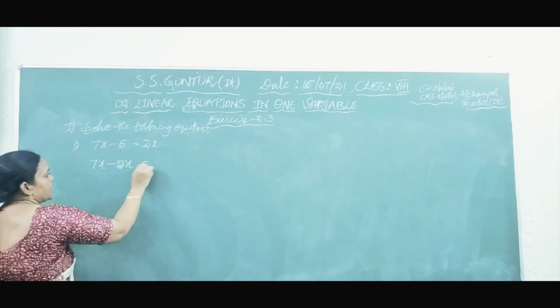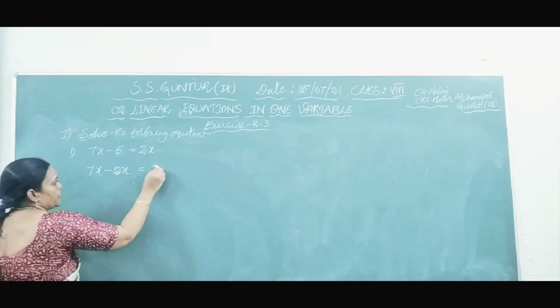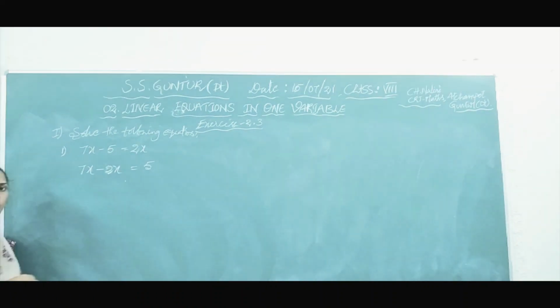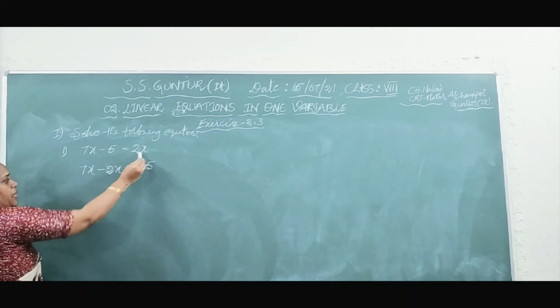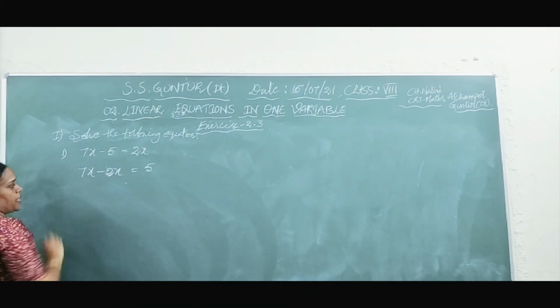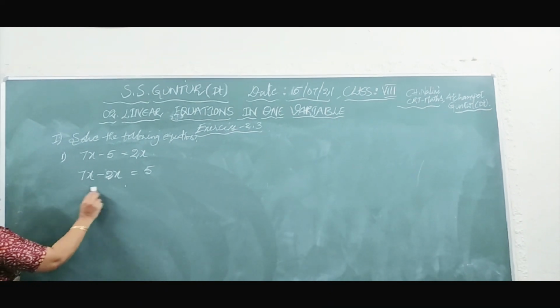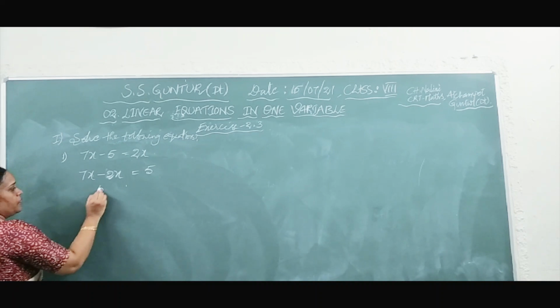Transposing the 5 to this side, we get plus 5. So 7x minus 2x is equal to 5. Subtracting these two, 7 minus 2, how much? Yes, 5. 5x is equal to 5.